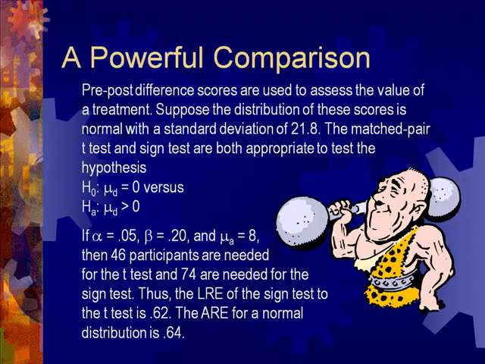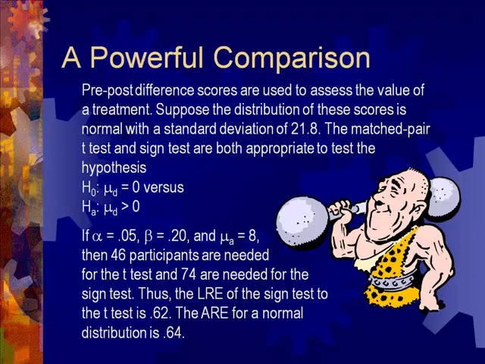Another way of saying that is that for 62 people needed for the t-test, we need 100 for the sign test. It turns out if you look up the asymptotic relative efficiency that's already been calculated for us for a normal distribution, that asymptotic relative efficiency of the sign test to the t-test is actually 0.64.